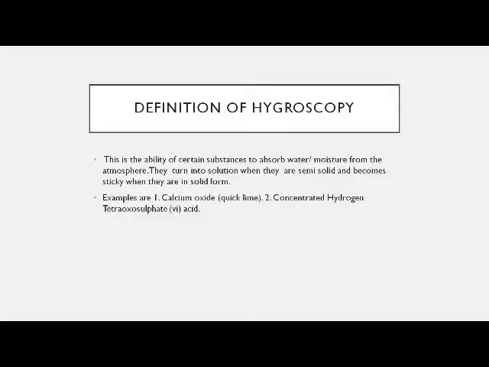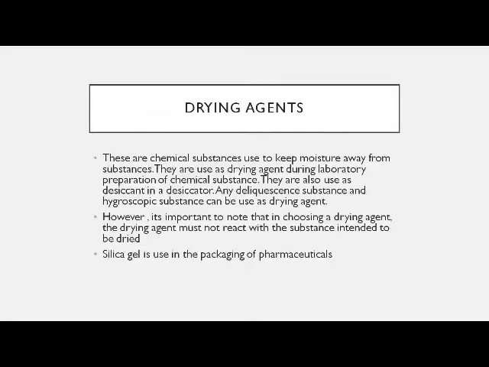Examples of hygroscopic substances are quicklime, also known as calcium oxide, and concentrated H2SO4, or concentrated hydrogen tetraoxosulfate(VI) acid. These are found to have applications in industry and even in analytical chemistry.